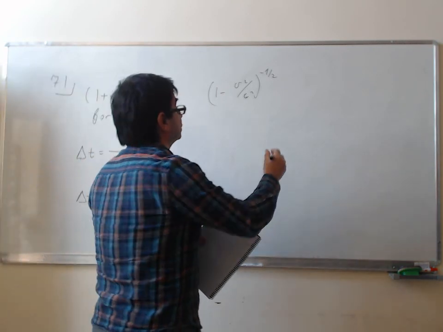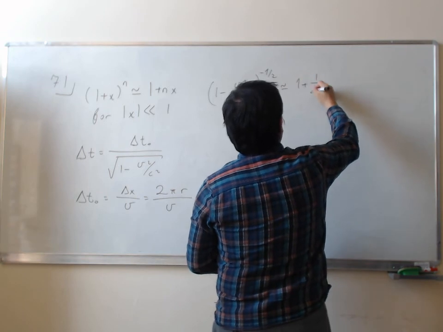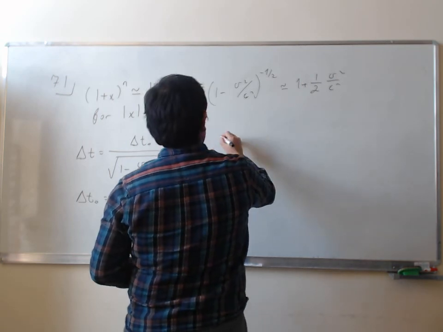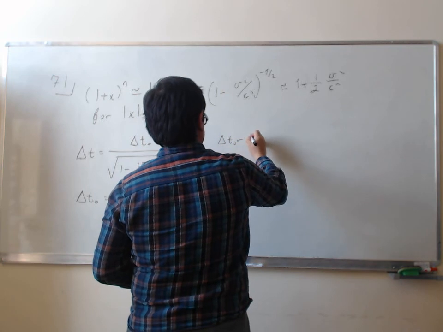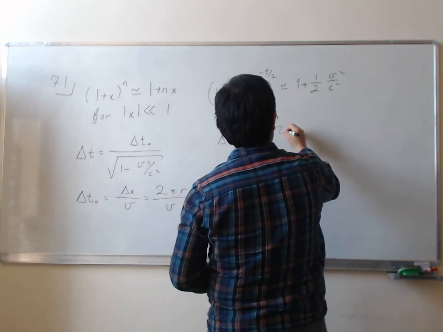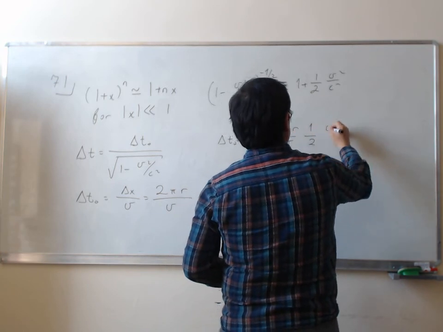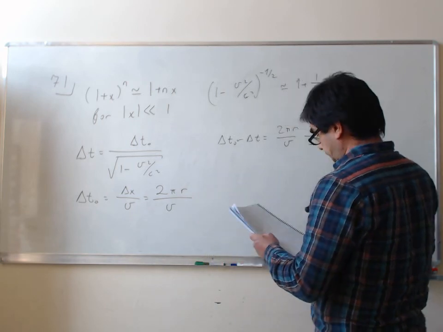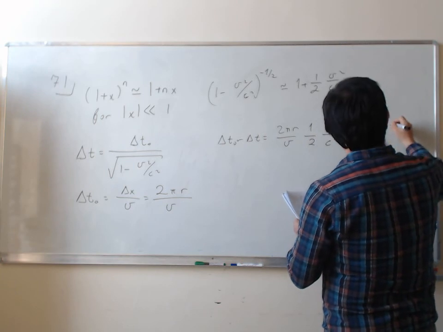So this becomes 1 plus a half v square by c square. So the time difference, delta t naught minus delta t, is going to be 2 pi r by v times this factor, a half v square by c square. This is the time difference, and I didn't calculate it, but I looked it up. It's about 8 times 10 to the minus 8 seconds.